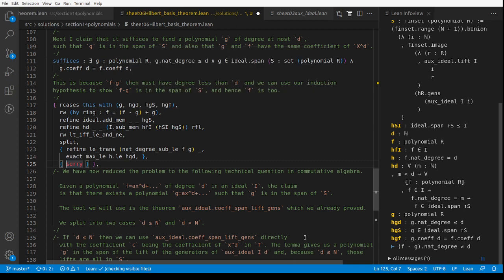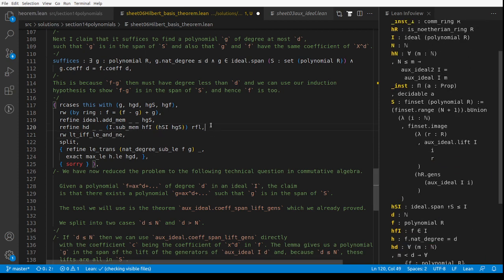I see. And you know what? If D is 0, there's a catch here. If D is 0, then this is actually true, right? Because the degree of the 0 polynomial is 0, the natDegree. So at some point I needed to deal with the case of D is 0 separately.